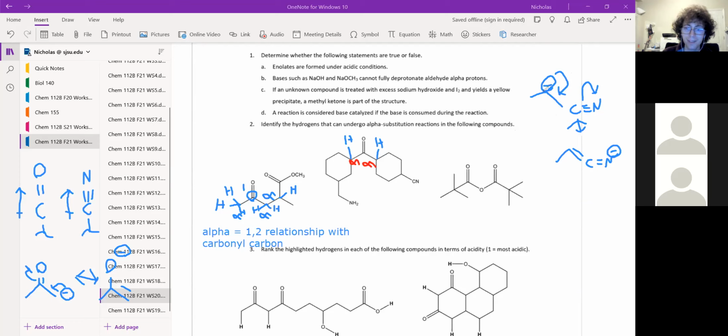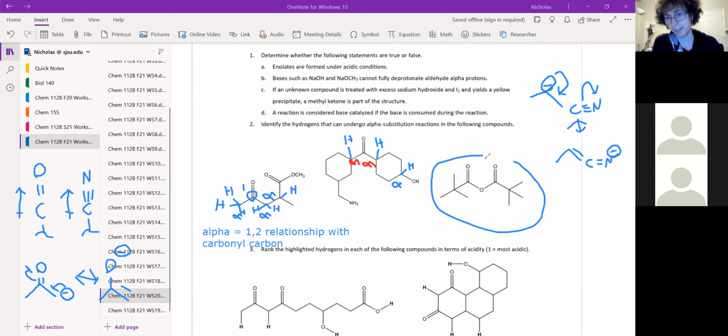This is all to say the alpha hydrogens alpha to a nitrile are basically the same as alpha to carbonyls. So we would also want to consider this one because it's alpha to the nitrile. Just don't forget that nitriles are an oddball in this chapter, but they are still important to remember.